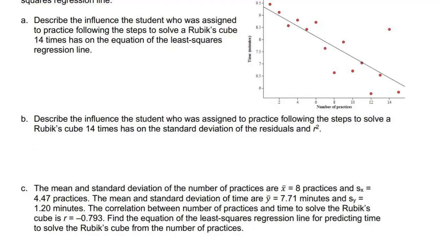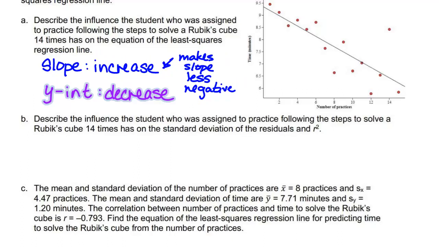Part B. Describe the influence the student who was assigned to practice the following steps to solve a Rubik's Cube 14 times has on the standard deviation of the residuals, that's S, and on R squared.